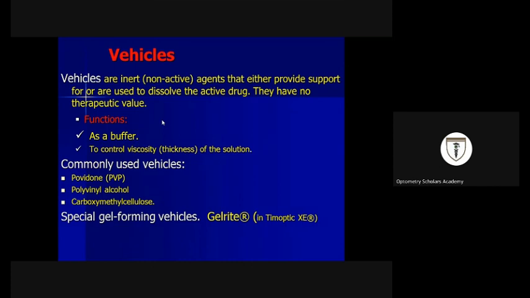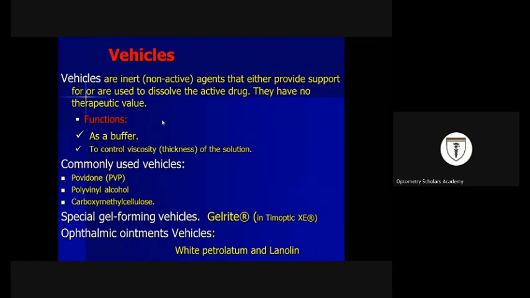And some can be in the form of gel, for example Gerites, usually found in drugs they call ophthalmic gels. So they can be in our ophthalmic ointments too. Examples are white petrolatum and lanolin.